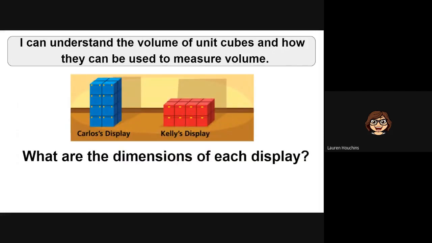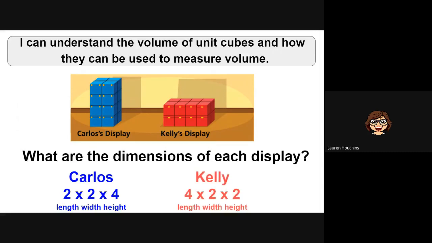So what are the dimensions of each display? When I'm talking about dimensions, I'm talking about the length, the width, and the height. So Carlos's display is 2 cubes long, 2 cubes wide, and 4 cubes high. Kelly's display, on the other hand, the length, which is how long it is, is 4.